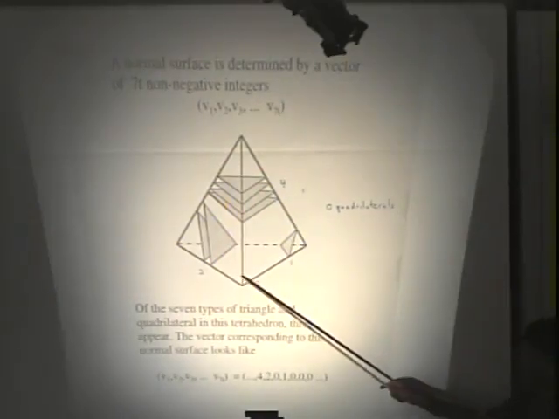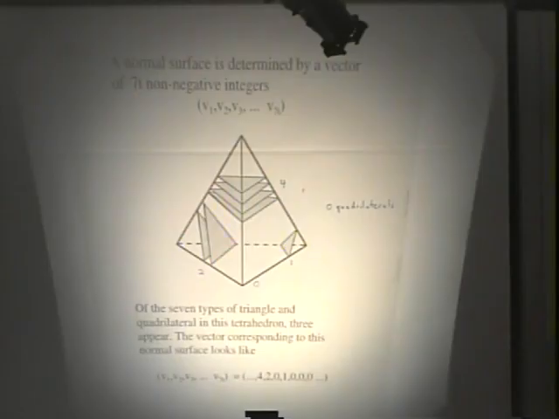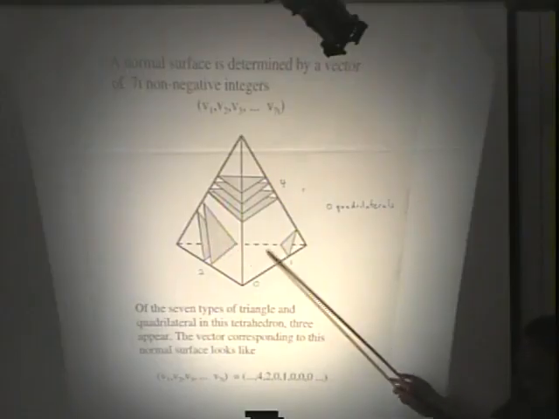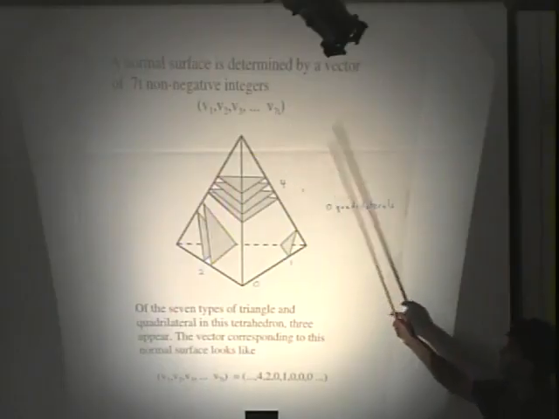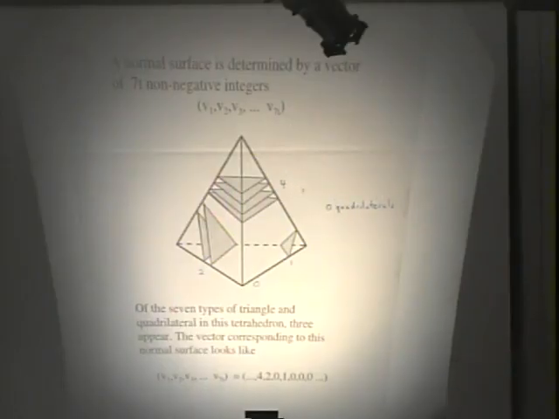There's no triangles near that vertex, and there's no quadrilaterals. So we can keep track of these numbers in a vector. You'll have 7 coordinates for each tetrahedron, 4 representing the 4 triangles and 3 representing the 3 quadrilaterals. And with T tetrahedra in the triangulation, there are 7T entries in this vector altogether.